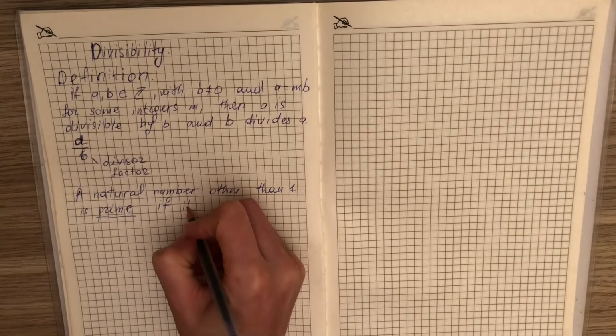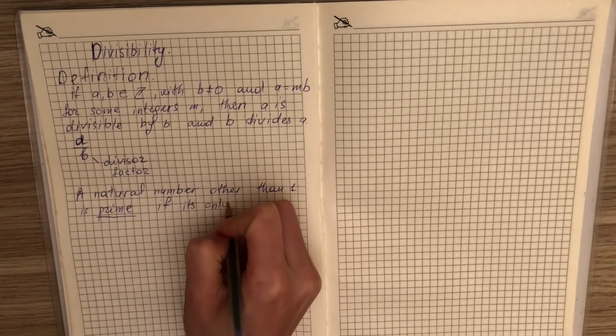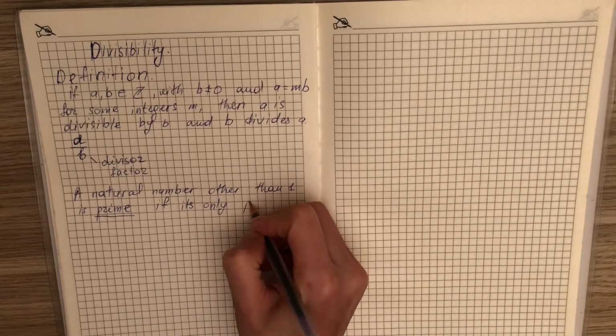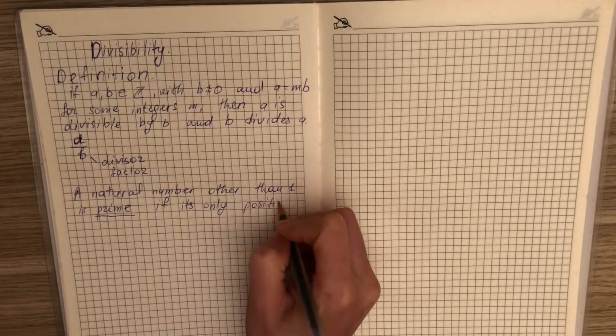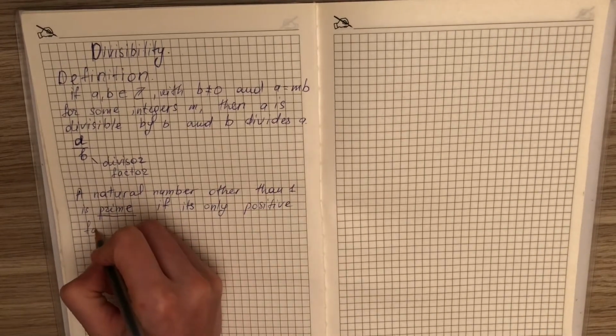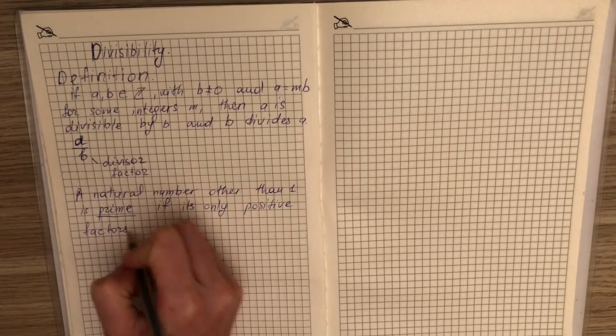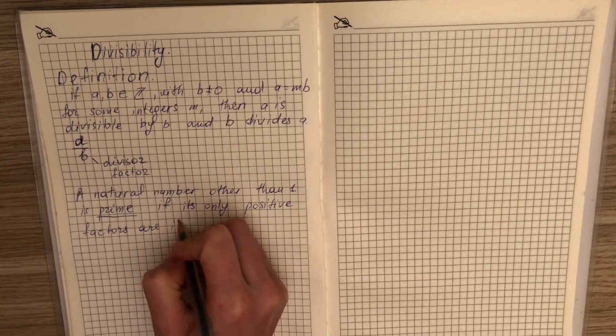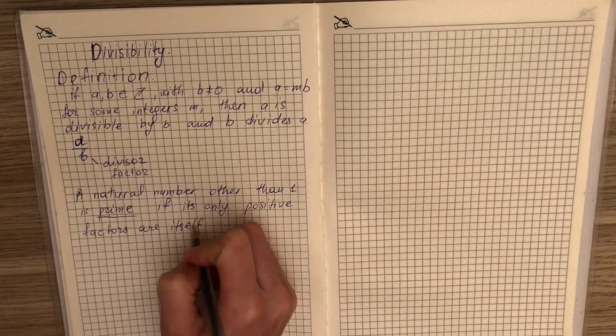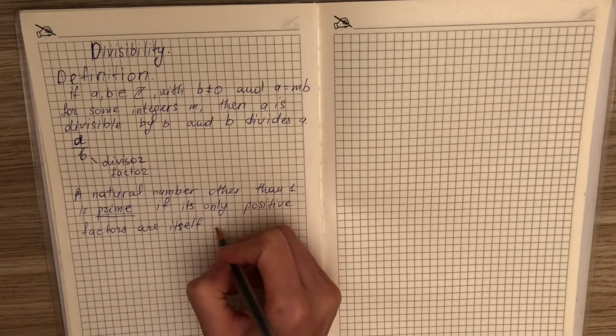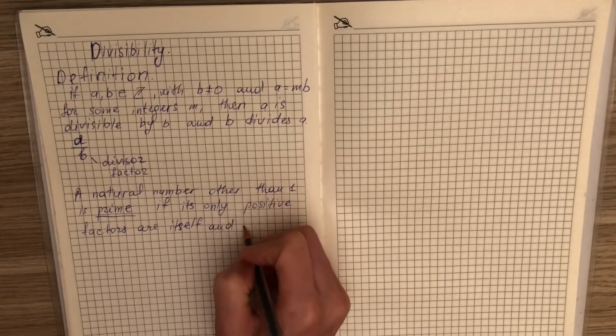If its only positive factors are itself and 1.